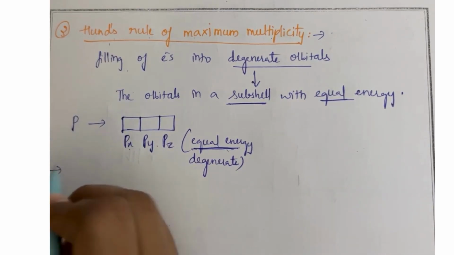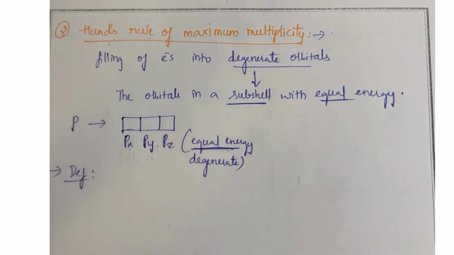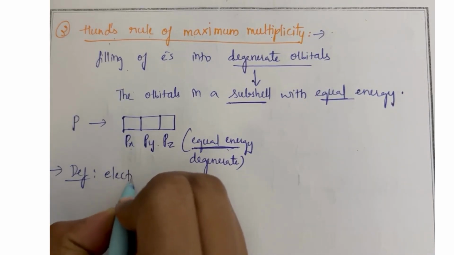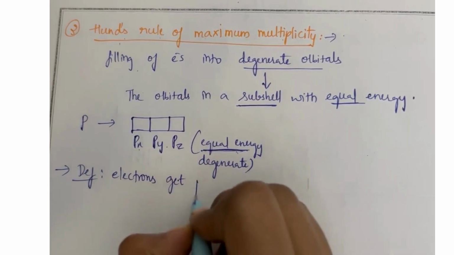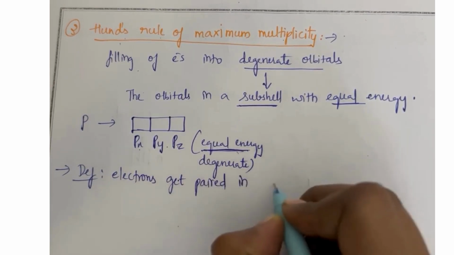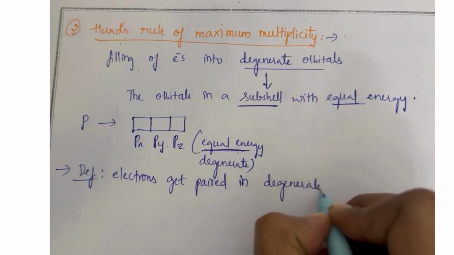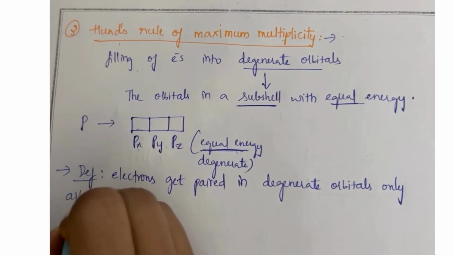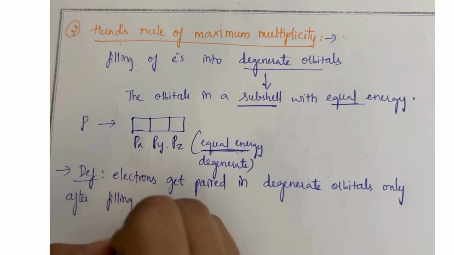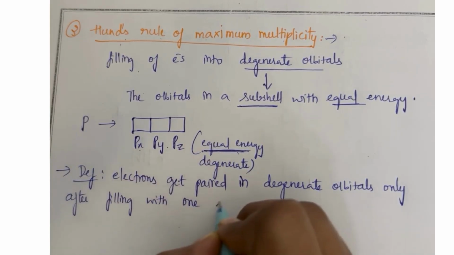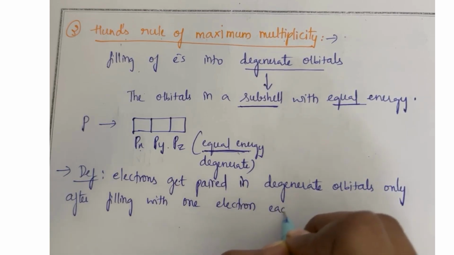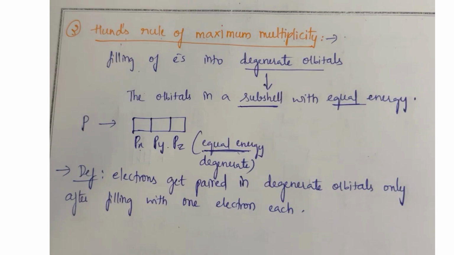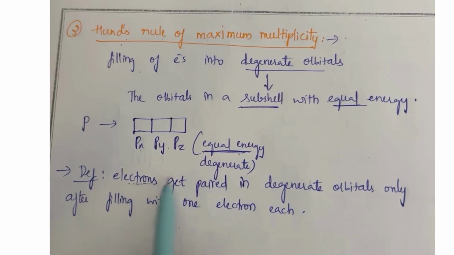Hund's rule states that electrons get paired in degenerate orbitals only after filling with 1 electron each. What do you mean by Hund's rule of maximum multiplicity? Electrons in the degenerate orbitals get paired up only after getting 1 electron each.